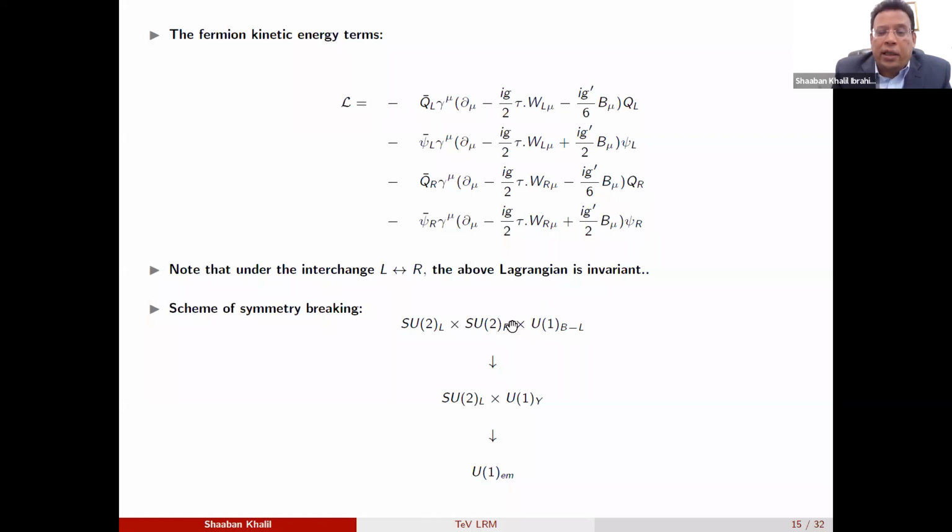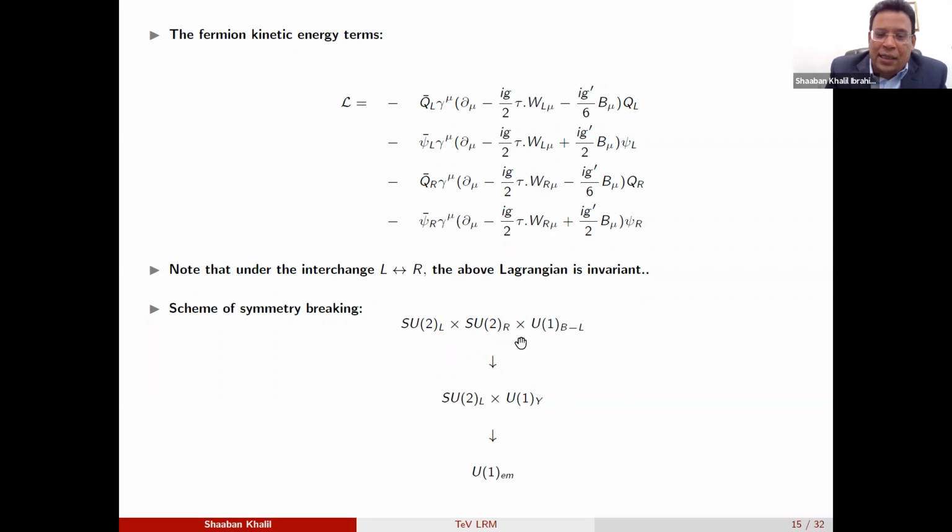And here, this is what I was discussing with you about the symmetry breaking. The symmetry breaking will be, you start with SU2 right cross U1 B minus L. You start with having some scalar field like a Higgs field that breaks only this sector at a higher scale, and they keep SU2 left with U exact.